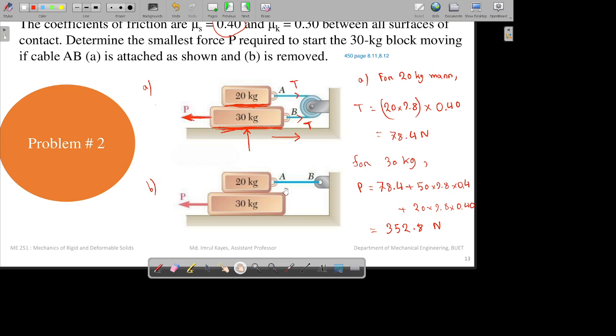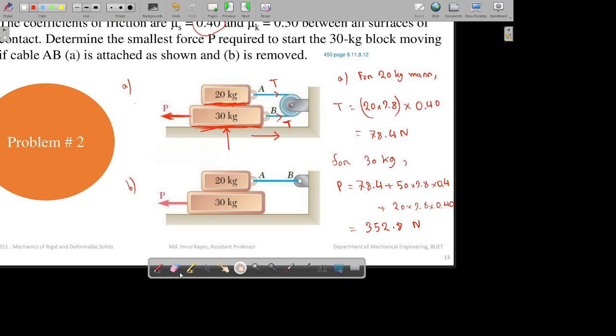So if you remove that part from here, what can you say? The T will vanish, right? Very simple. This time the friction forces are still there in the opposite direction, but now T will not be present here. So we can just erase T.